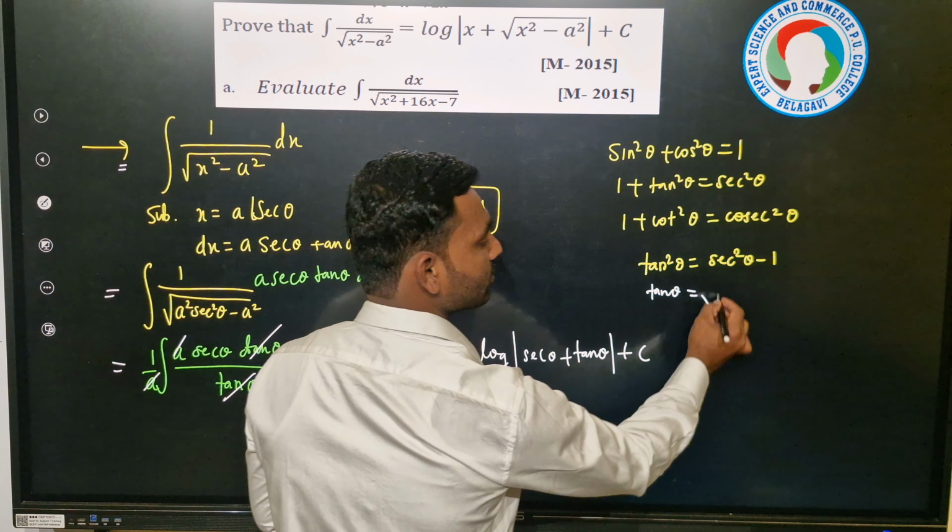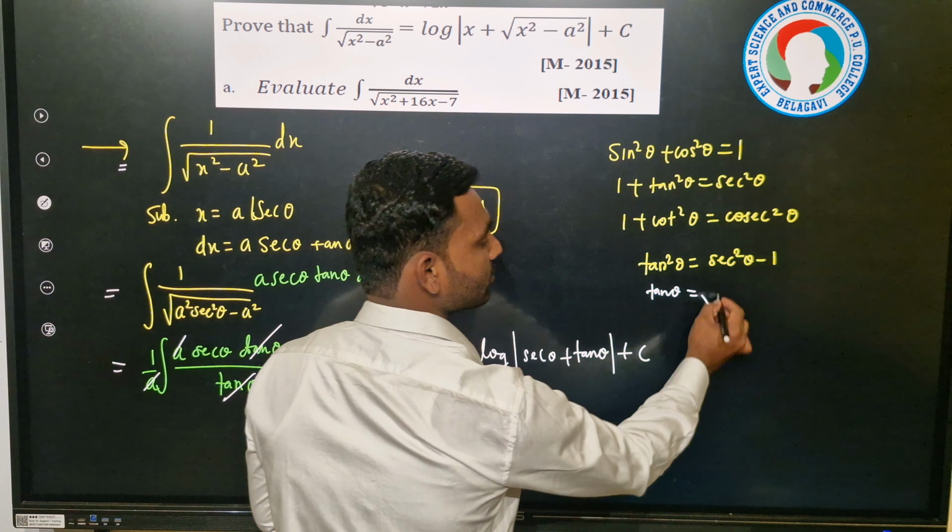These two solutions we have to substitute here as sec theta and tan theta. So substitute those values here, then it becomes log of sec theta x by a plus tan theta, square root of x square minus a square divided by a, plus c. Here also log m divided by n is nothing but log m minus log n.